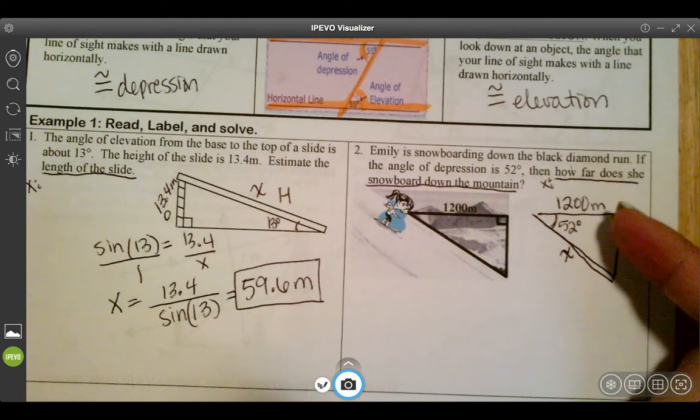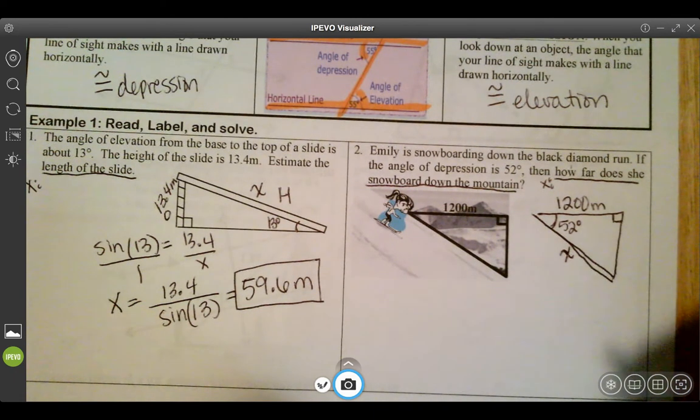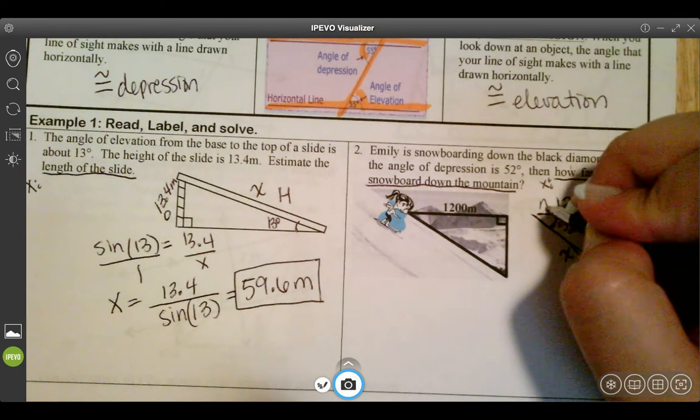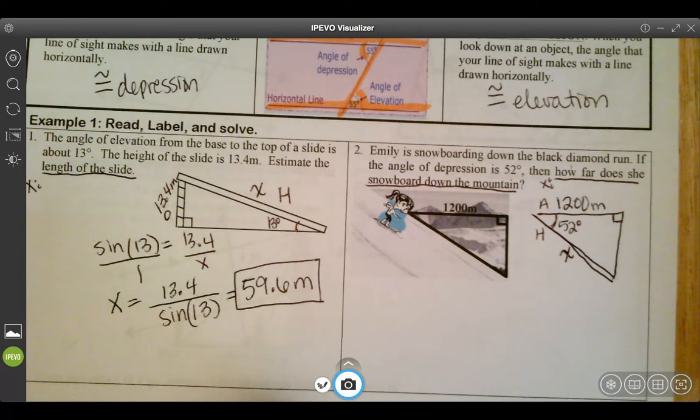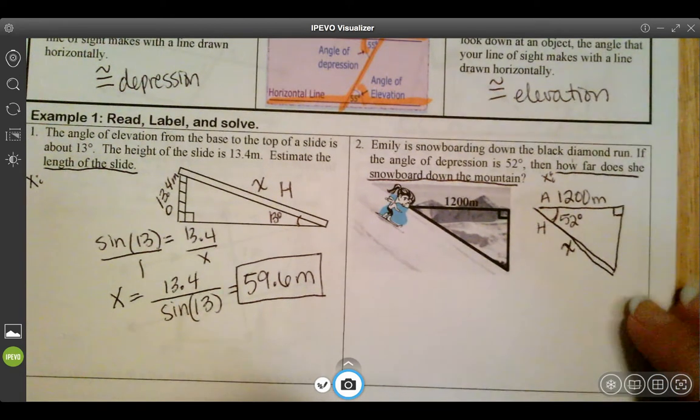I have one side length and an angle, which tells me we'll use trigonometry. This is adjacent and hypotenuse, so we will use cosine.